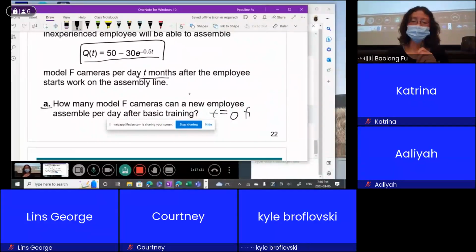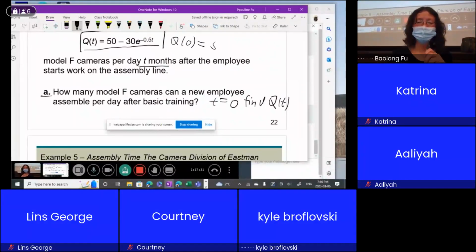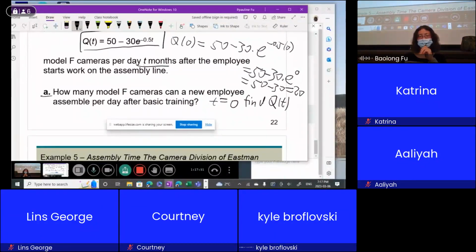When t equals 0, what is Q? That is the question. So you just plug in t equals 0. You get 50 minus 30 e raised to power negative 5 times 0. So 50 minus 30 times e raised to power 0 equals 50 minus 30 equals 20. So 20 cameras a new employee can produce.